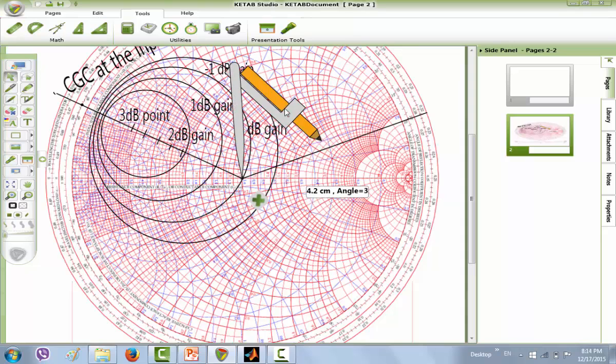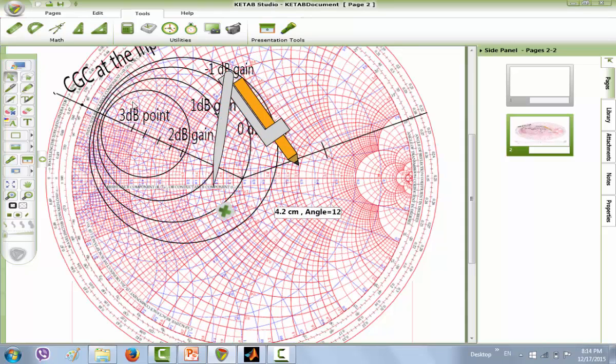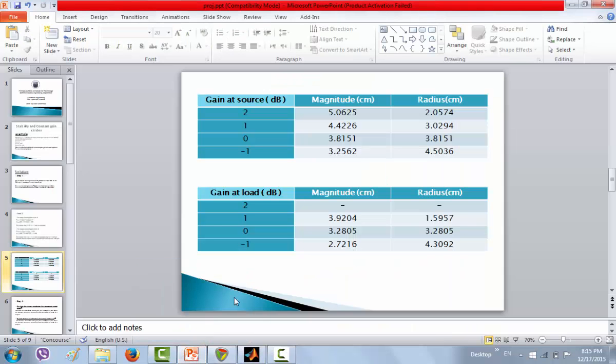Now we need the pencil. This is the 1.3 dB. Now back to our table.